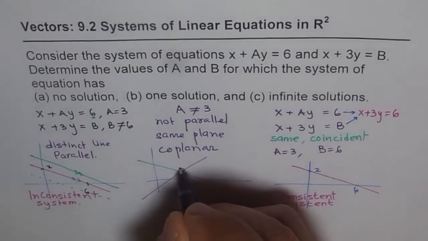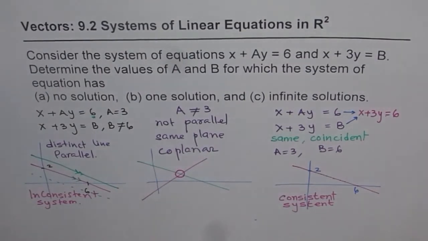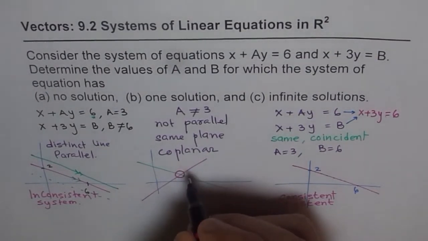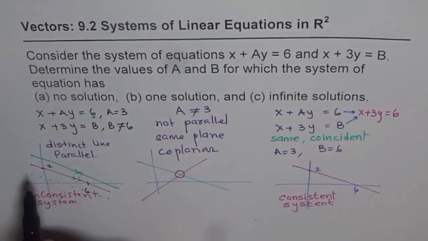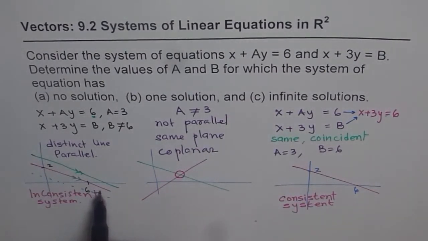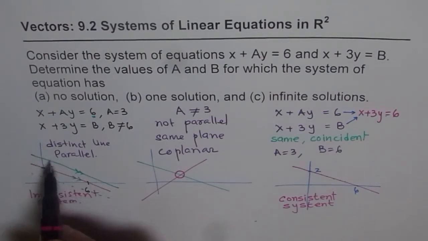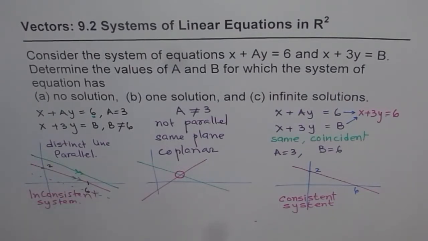As you can see, it will always intersect in just one point. So this is the case when a is not 3. That means the direction of the line is different from what is shown here. If it is any other direction, it will intersect this line at a point. So that is what we are trying to understand from this particular example.